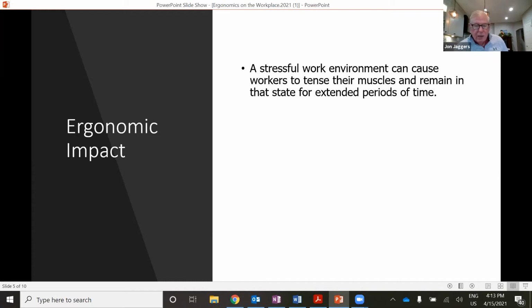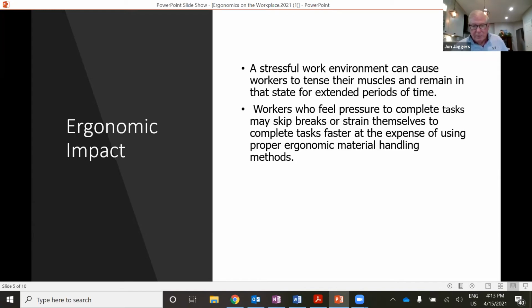I think the thing is, if you create a culture where people are not feeling stress every minute of the day, go ahead, Hannah, because if they feel that stress, they're not going to take breaks, they're going to feel like they have to complete the task, they're going to overwork, and then they're going to run into some ergonomic problems as far as material handling.